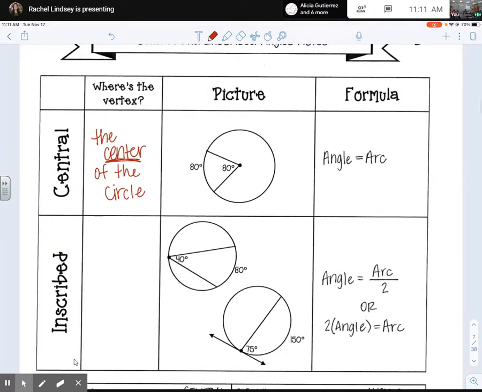And then an inscribed angle has a vertex on the circle. And there are 2 examples right there.